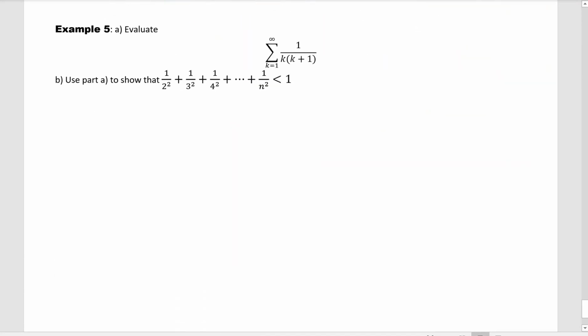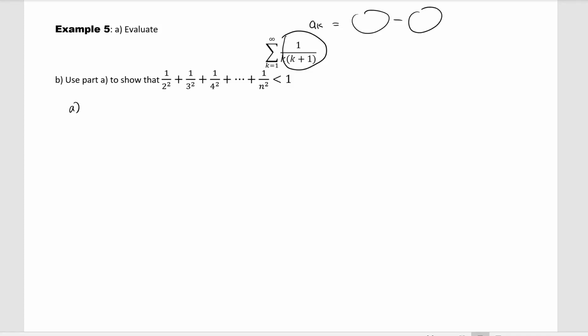All right, example 5. Okay, so part A, we want to evaluate that. Well, first of all, let's call this a sub k. We want to express a sub k as the difference of two terms.